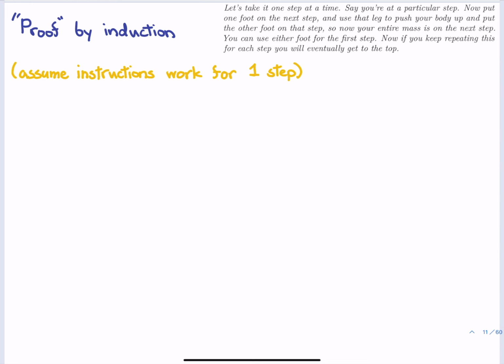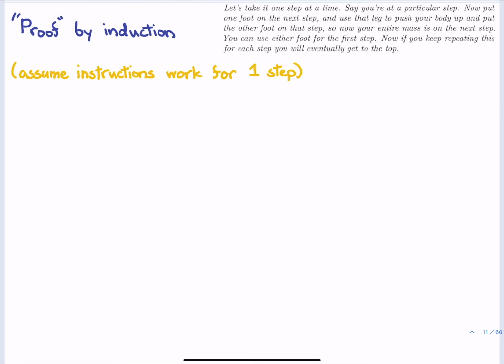Okay, say it louder. All right, base case. What would be the base case? Yeah. Going from the ground to the first step. That is the right idea, but actually I'm going to say that's not quite right.